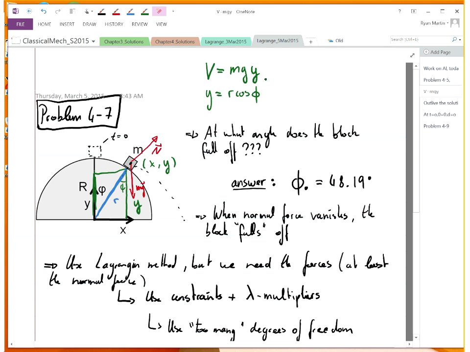So the potential energy is mgr cos phi. It's very, very easy to screw that up, especially since v has its sign flipped just about every time you have to use an equation. It's a different sign.